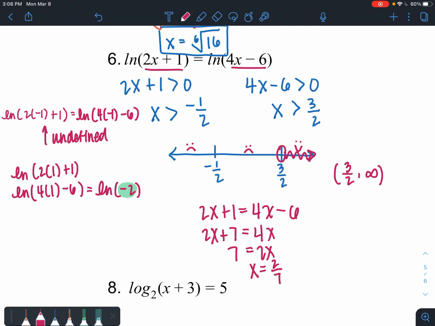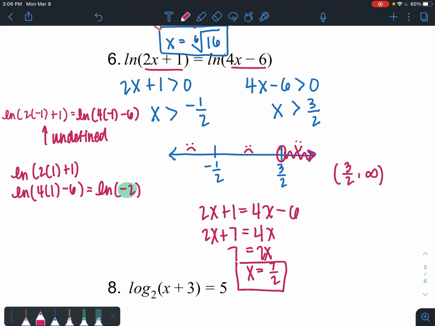So x equals 2 over 7. I messed up. What did I do? 7 over 2. Ha! X equals 7 over 2, which is greater than 3 over 2, so that works as a solution.